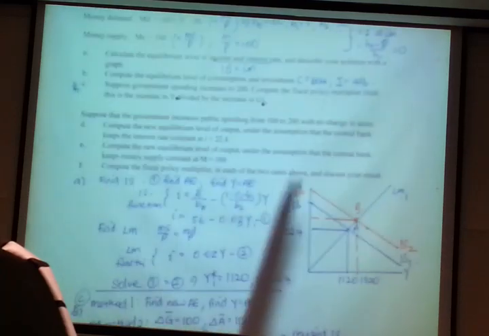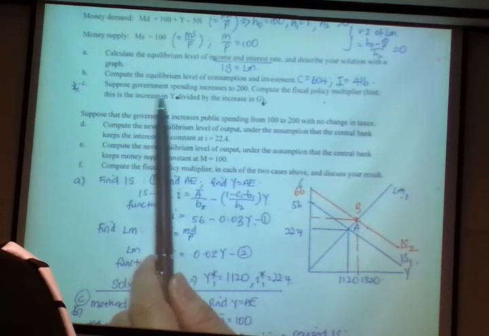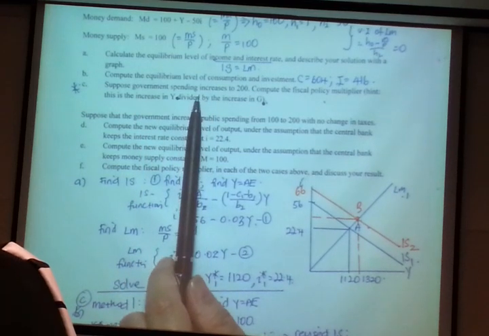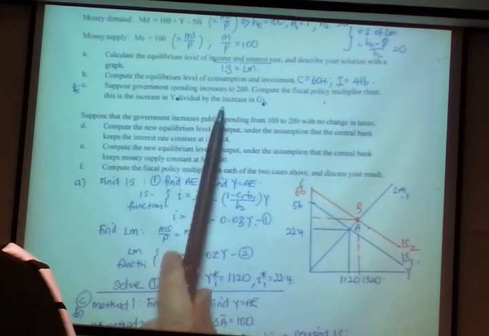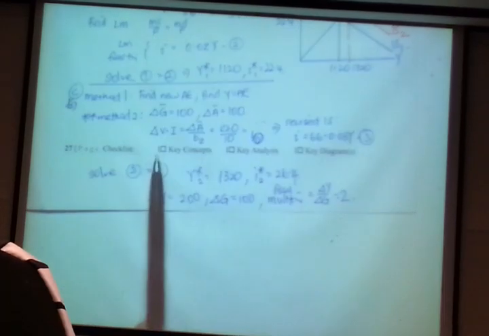Then part C, a very standard question. Government likes to change either the G or the T. In this case, government increased the G. Then I highlighted to you method 2.